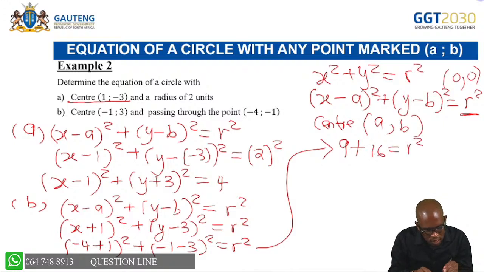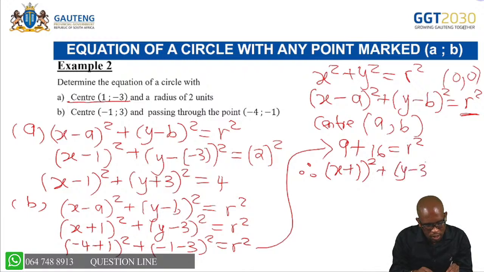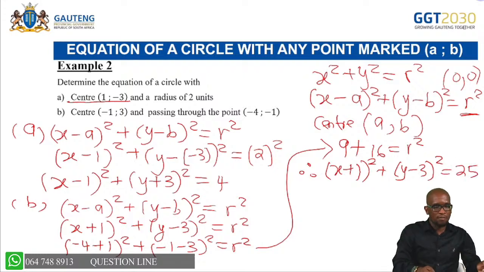That would be r². So r² is given by 25, which means that the equation of that particular circle will be (x + 1)² + (y - 3)² = 25. Now that would be the equation of a circle.